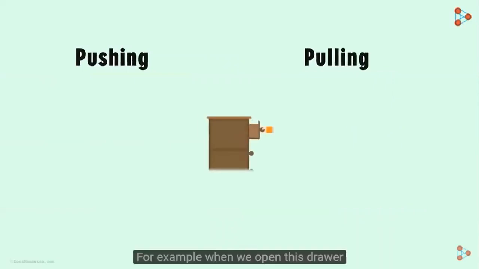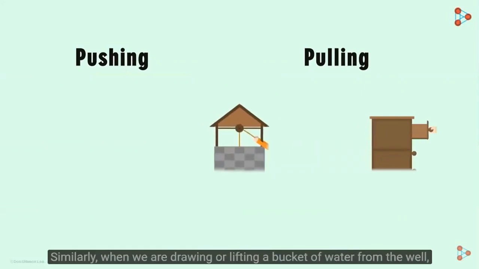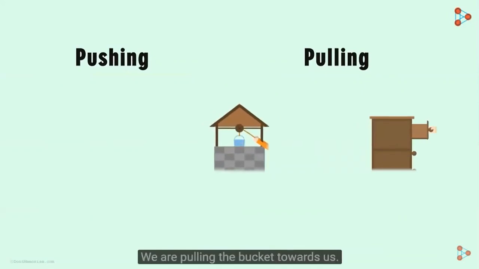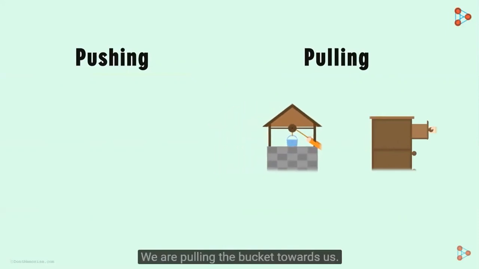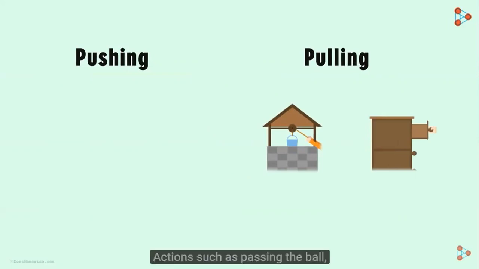For example, when we open this drawer, we are simply pulling the knob of the drawer to open it. Similarly, when we are drawing or lifting a bucket of water from the well, we are pulling the bucket towards us. What are the actions that can be described under pushing?